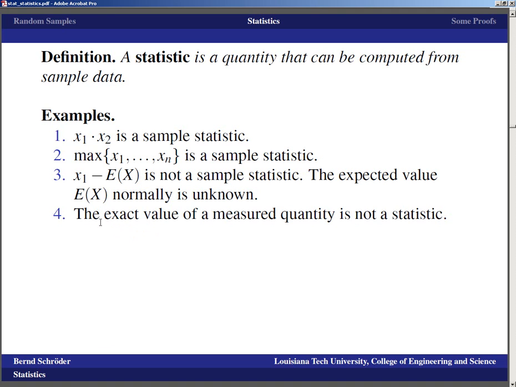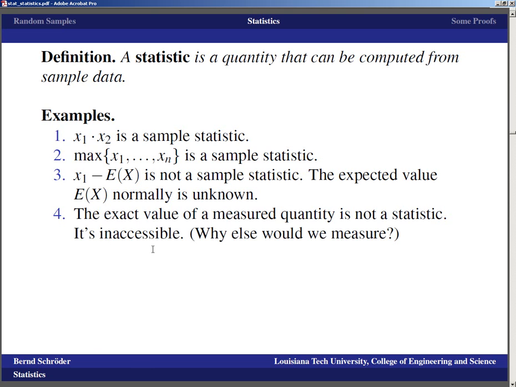So then, similarly, if we now phrase that in a lab setting, the exact value of a measured quantity, first of all, we could certainly have a philosophical discussion as to whether that actually exists in continuous quantities. But that exact value of a measured quantity is not a statistic because it's typically inaccessible to measurement. Or let's also put it this way, if it was accessible, and in certain situations it is.